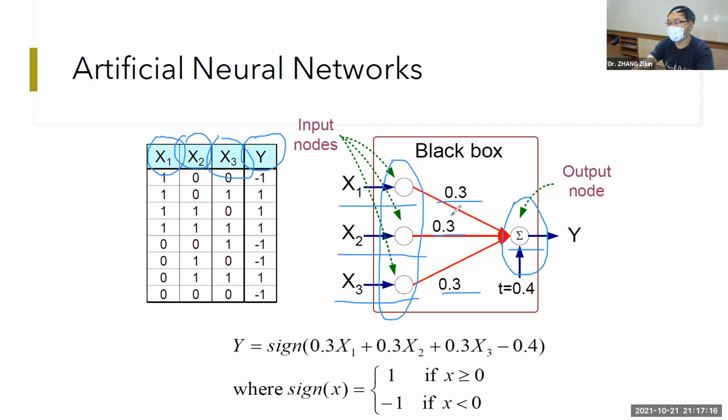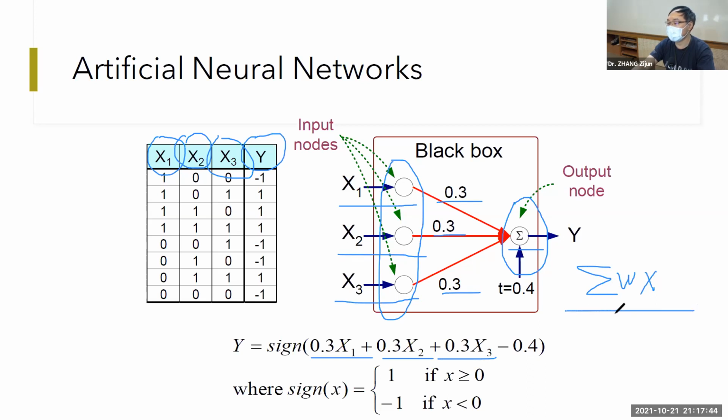Or mathematically, it just indicates a weighted average. Okay, so 3 links, that means 3 weights. So it's 0.3 multiplied by x1, 0.3 multiplied by x2, 0.3 multiplied by x3, and add them together. So sometimes it's called the summation of the weights multiplied with x.